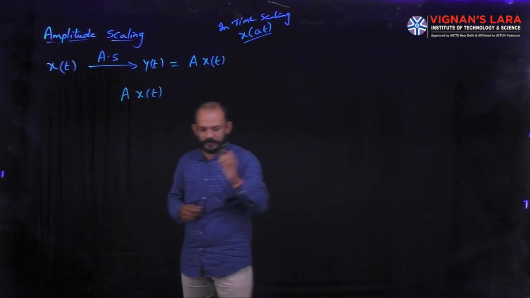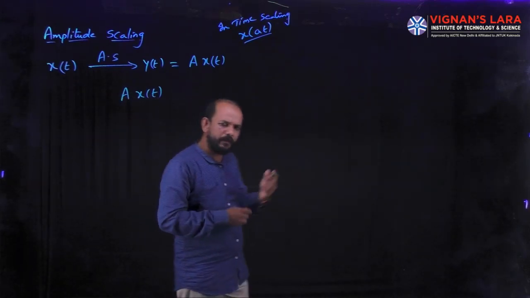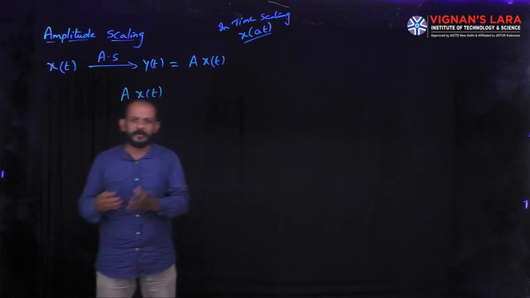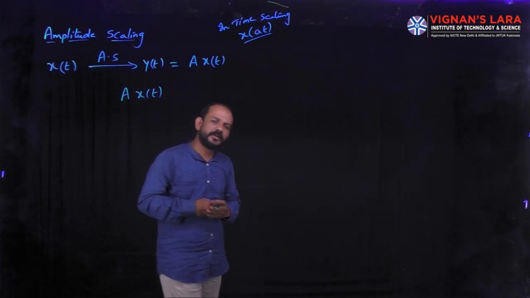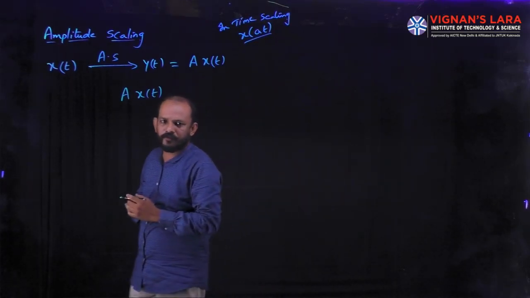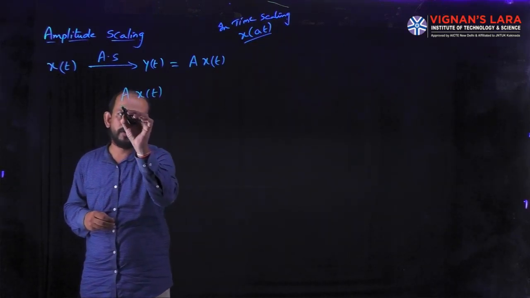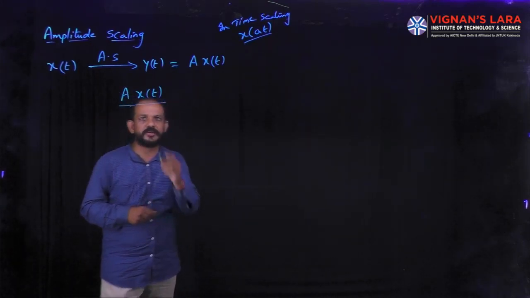Okay, simple. Now I will explain this with the help of diagram, as I explained for the previous cases. So I explained for time scaling, time shifting, amplitude, everything with respect to diagrams. So here also I will explain this concept with the help of diagrams. Now, this is the amplitude scaling function, A into x of t.